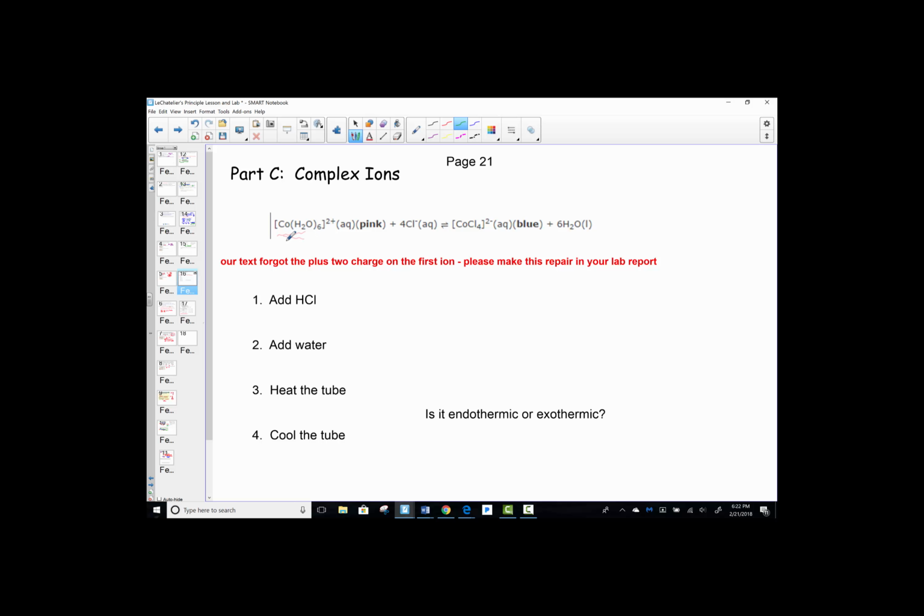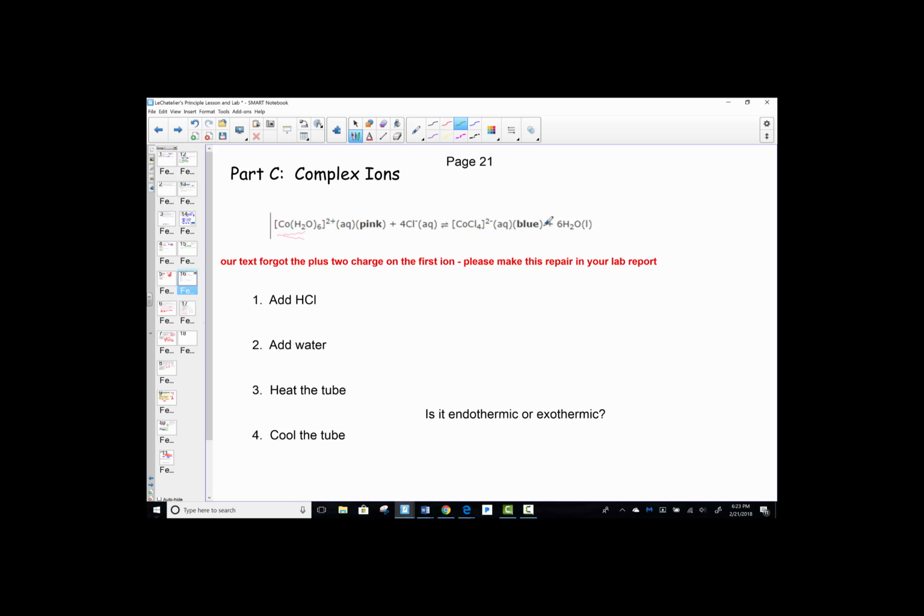When a complex ion of cobalt is hydrated, it carries a +2 charge. When a cobalt chloride complex is not hydrated, it is blue in color and carries a -2 charge. Notice if the water is attached to the cobalt, it's pink. If the chloride is attached to the cobalt and the water is not, then it's blue.